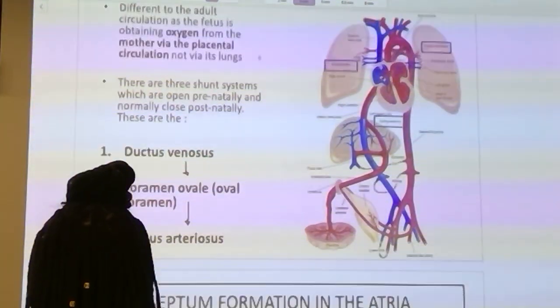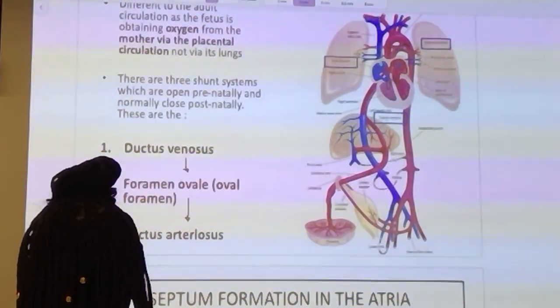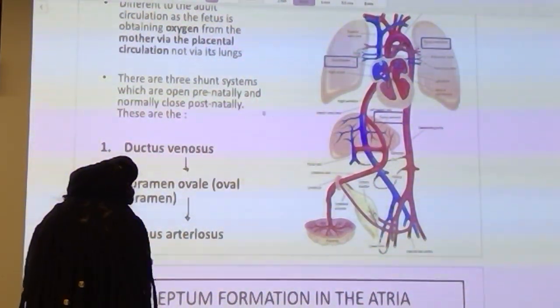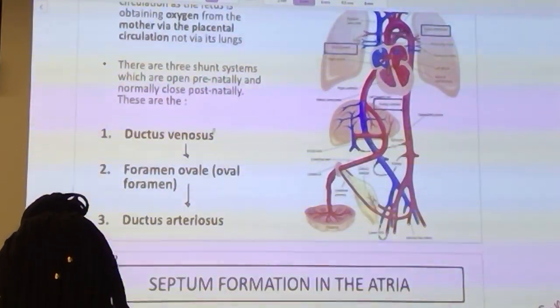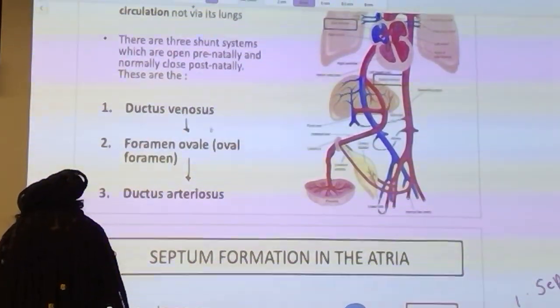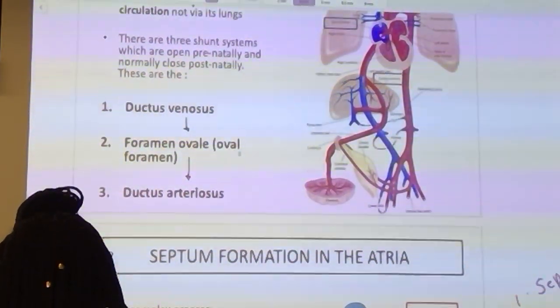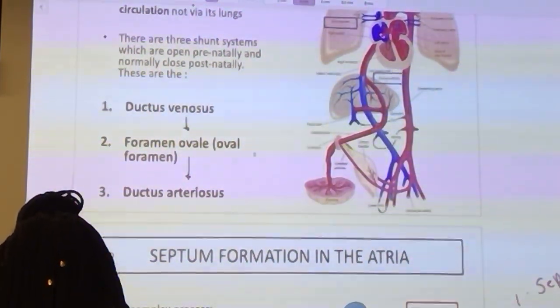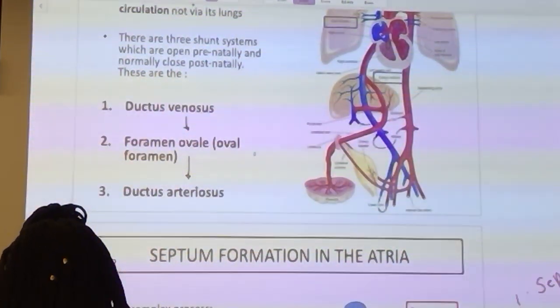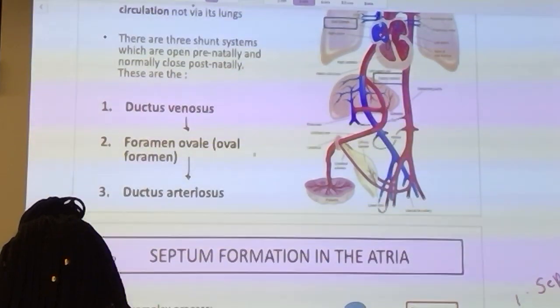Okay, and then know that there are 3 shunts in your heart. So ductus venosus, this will have the most nutrients and oxygen, and it will bypass the liver and go straight to the IVC. Foramen ovale, it bypasses your right ventricle and goes to your left atrium.